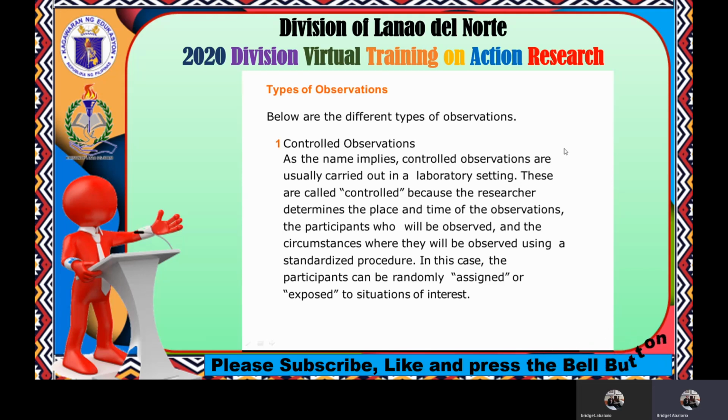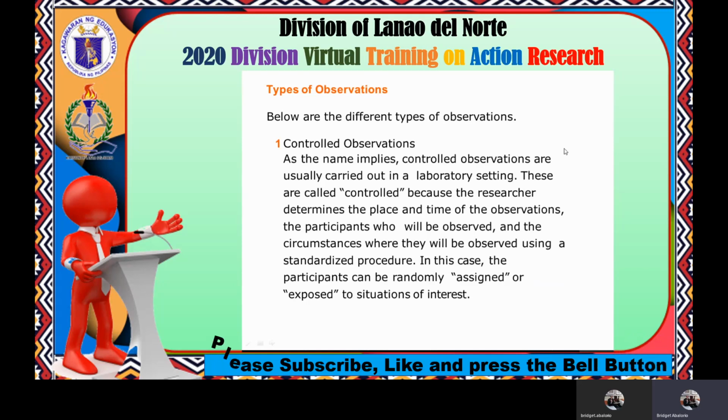The participants who will be observed are identified too, and the circumstances where they will be observed, using a standardized procedure. In this case, the participants can be randomly assigned or exposed to situations of interest. So in controlled observations, these are usually overt. Okay, controlled, di ba?